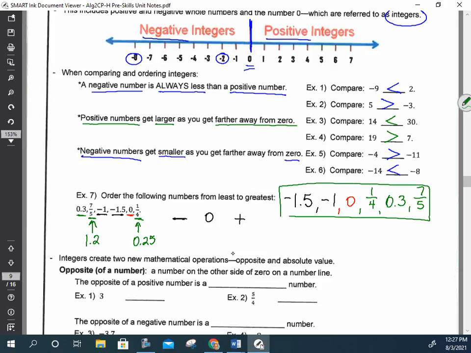So that gives you your order from least to greatest of your numbers. Again, negative numbers go first, then 0, and then your positive numbers when you're putting them in order. So that's our first order of business with regards to integers, working with how to compare them, which one is bigger than the other.